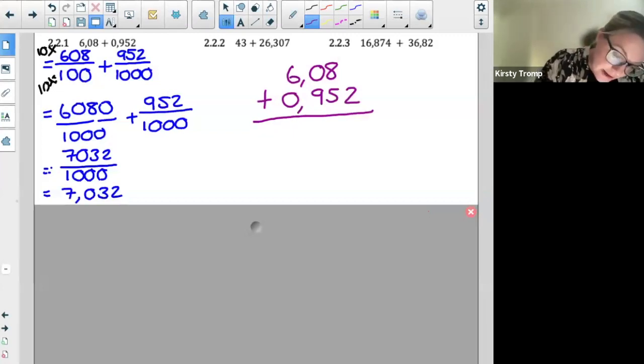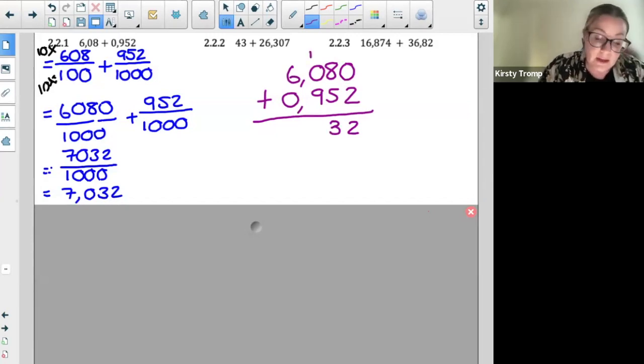I know I need to put a 0 there so that I can say 0 plus 2 gives me 2. 5 plus 8 gives me 13, so I put a 3 and I carry the 1. 1 plus 9 gives me 10, so I put a 0 and I carry the 1. I must always remember to put my comma back. 1 plus 6 gives me 7.